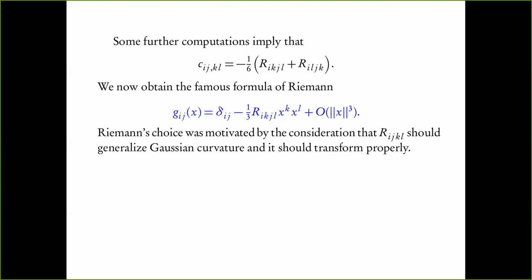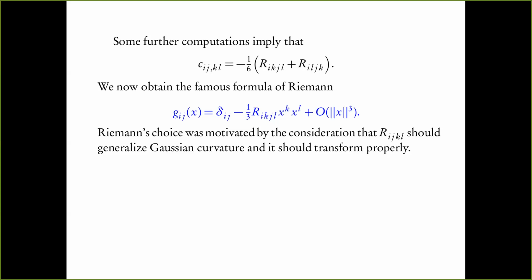Okay? So now coming back to this remark, Riemann had to make a choice. What do you call Rijkl? Because you can expand this in lots of different ways, right? Rearrange them and call something else Rijkl. His choice was motivated by two things: that whatever you call Rijkl has to transform properly, meaning if I choose another chart, it transforms equivariantly.